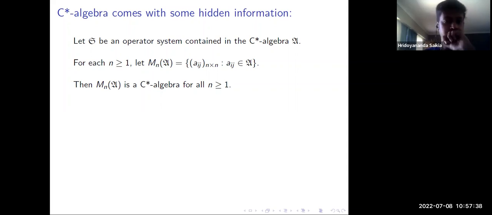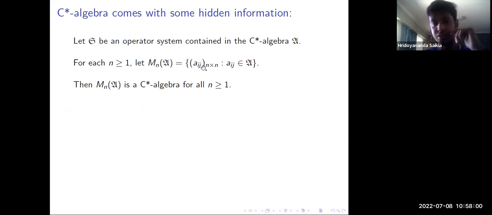Imagine the elements of A are operators. Then Mn of A is n cross n square matrices whose entries come from B of H, where H is the same for all entries.